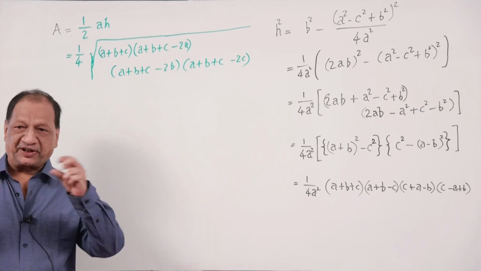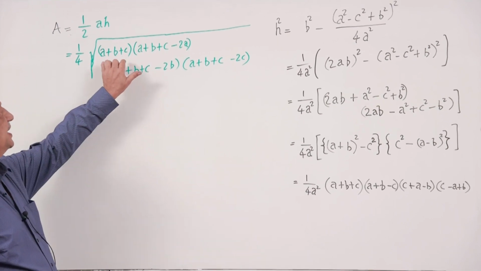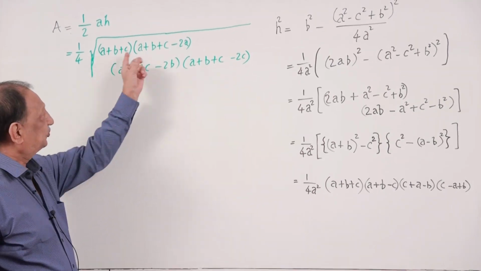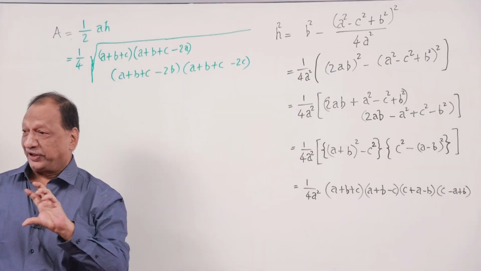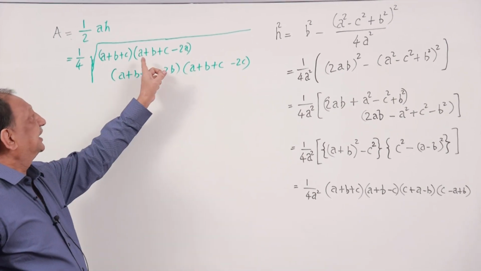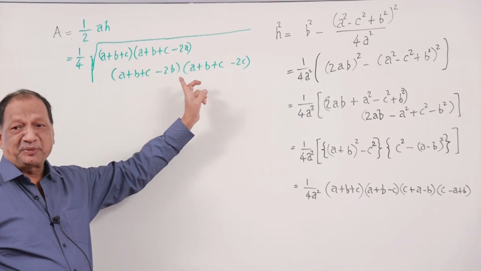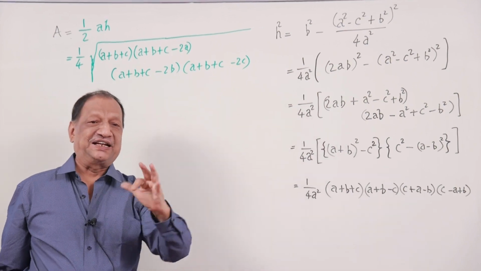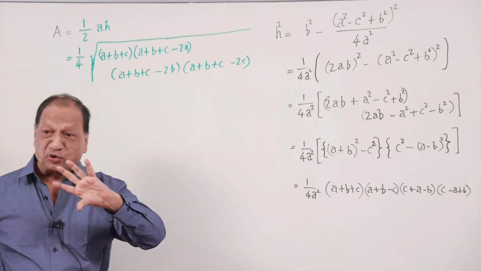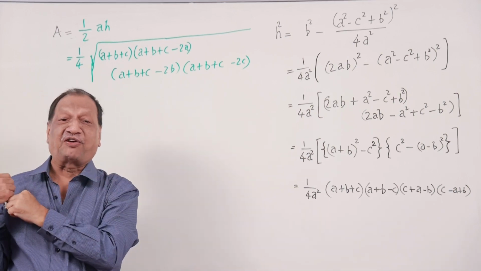Now, how do we simplify it further? We can have a notation or even introduce a new variable for a plus b plus c, because that is common for all the four factors. We can compute that first, so I can call it something. And then I'll get something minus 2a multiplied by something minus 2b, which is again not a very good way of doing things. If that were 2 times something, then I could take a common factor of 2.